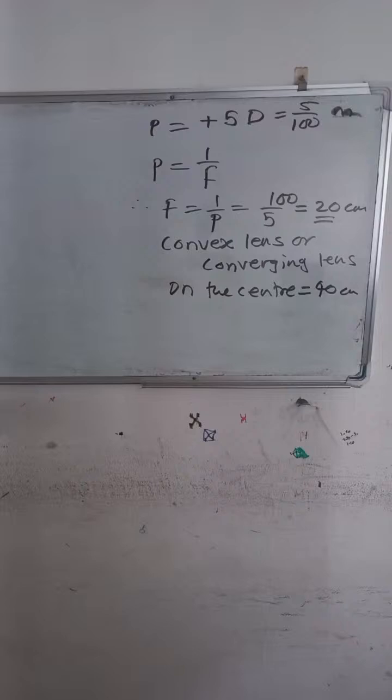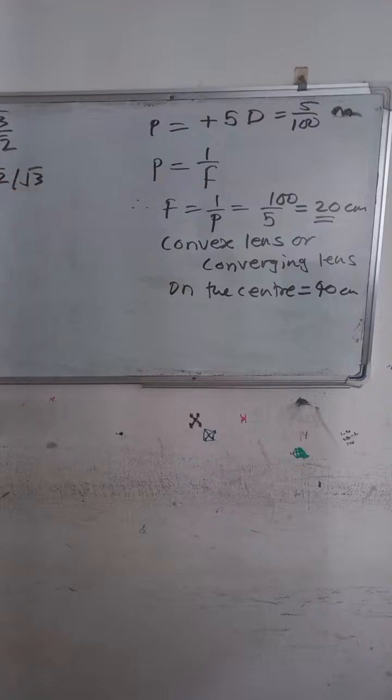Refractive index of the medium B relative to medium A is, options are given. First option √3 by √2. Second option is √2 by √3.